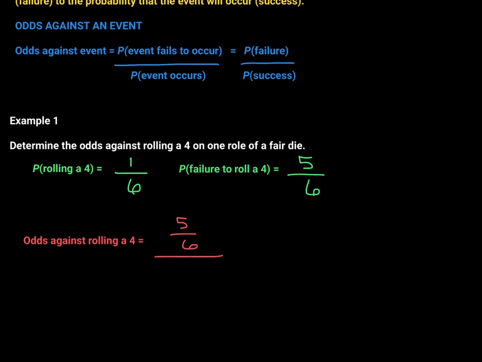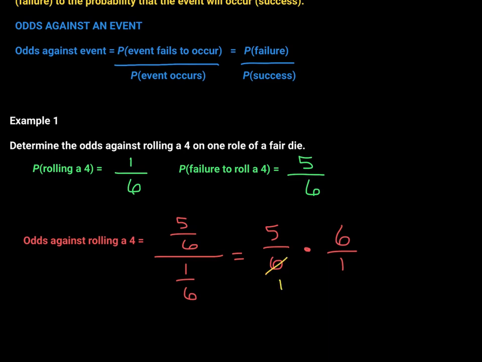In the denominator, I need to have my probability of success, which is 1 over 6. So remember how to divide by fractions. We keep the first fraction the same, we change division to multiplication, and we reciprocate the second fraction, which means we just flip it over. You can multiply straight across if you'd like, and then you should simplify. I prefer to cross cancel.